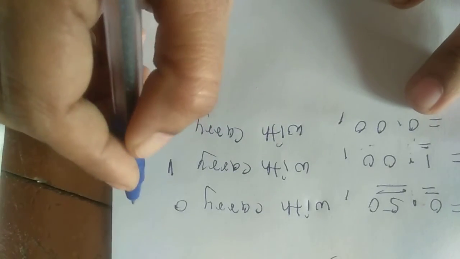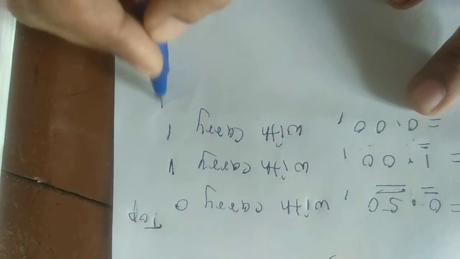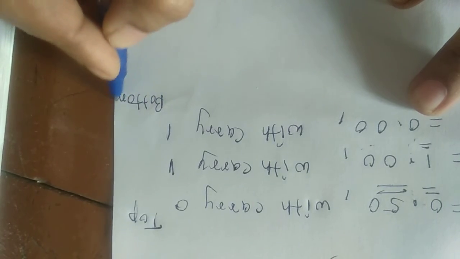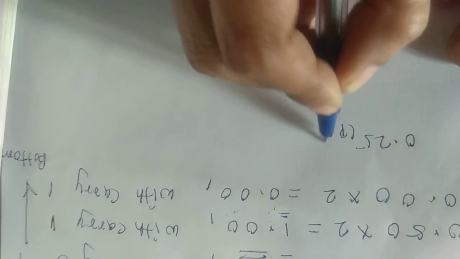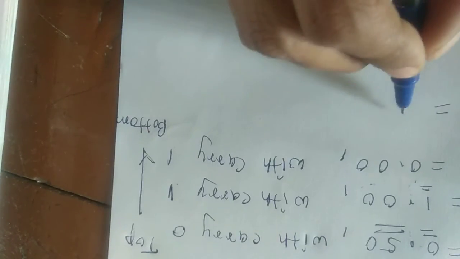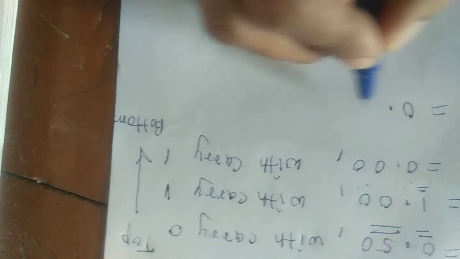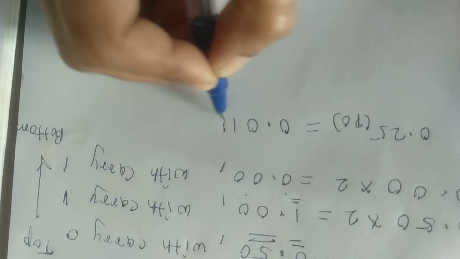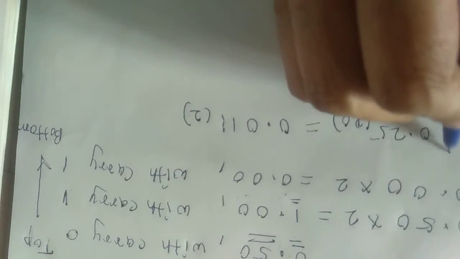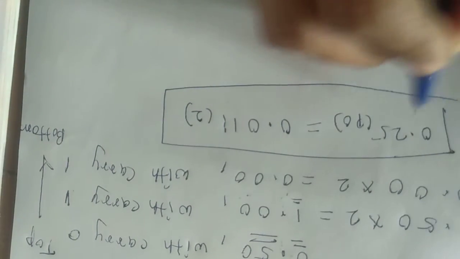Now note down all carries from top to bottom and write the answer: 0.25 base 10 is equal to 0 1 1, but after that you have to write the point, so 0.011 base 2. This is the final answer.